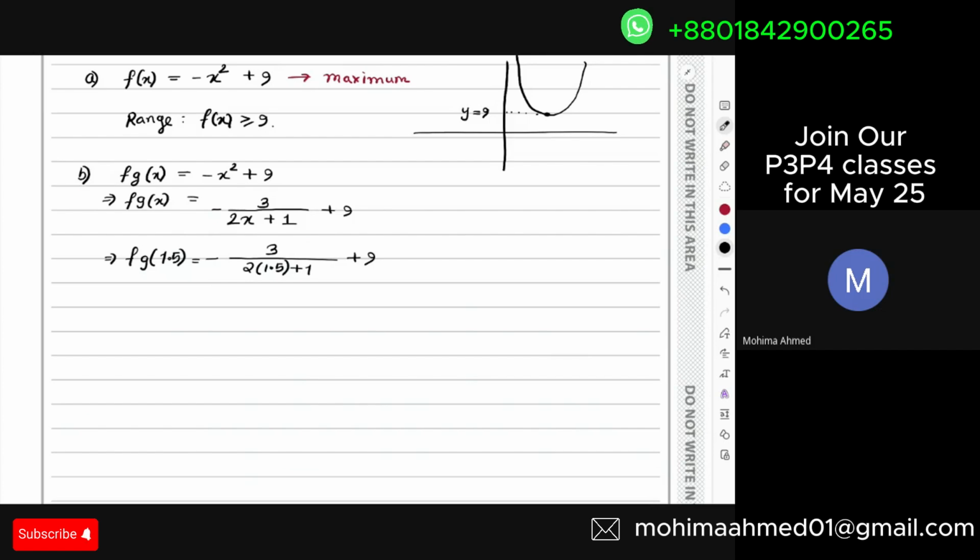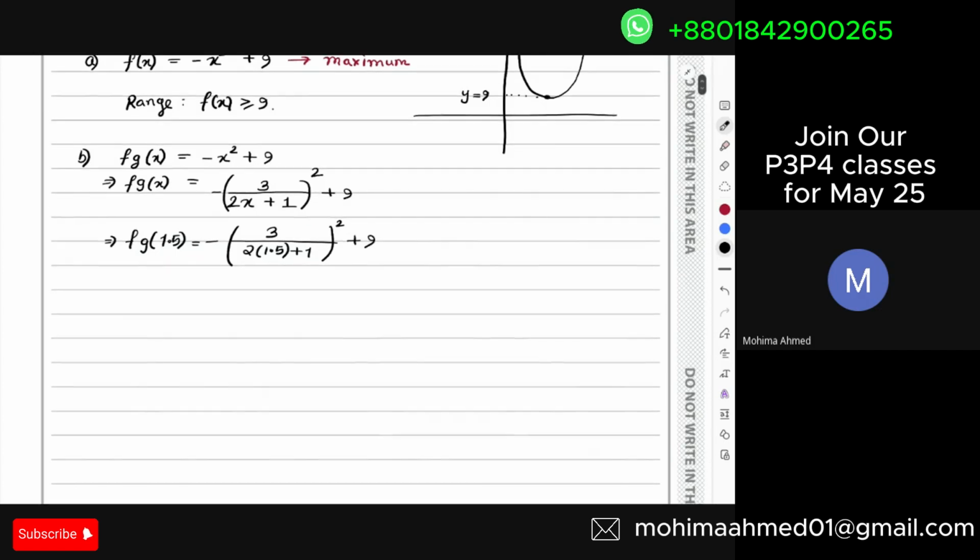Wait 1 minute. Oh, sorry, there we had a square on top of this entire fraction. Now we actually get 8.4375, which in fraction gives you 135 divided by 16. Okay, so that is the value of your fg of 1.5.